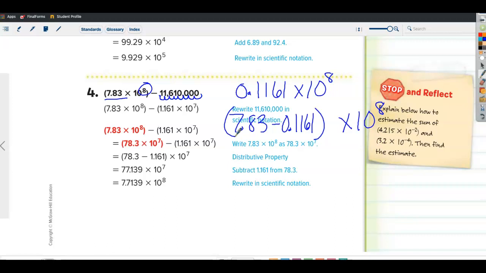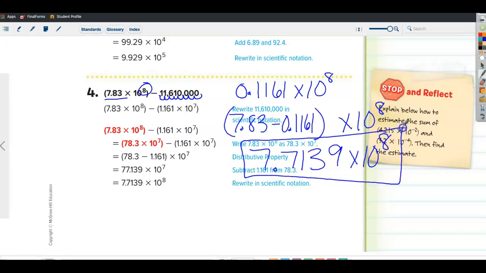No, type in 7.83 minus 0.1161. Good. 7.7139 times 10 to the 8.